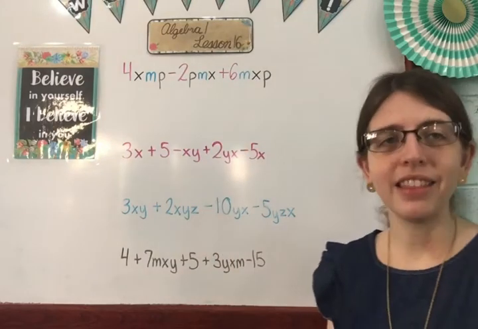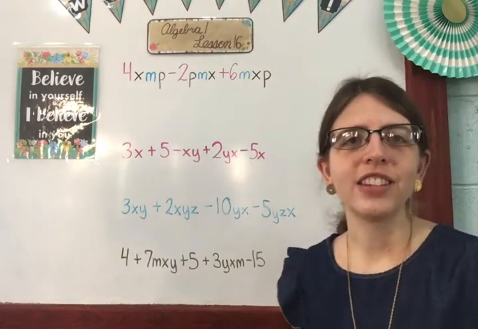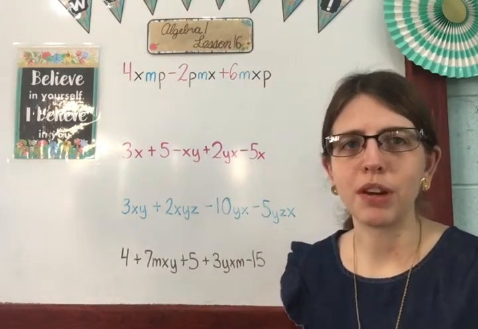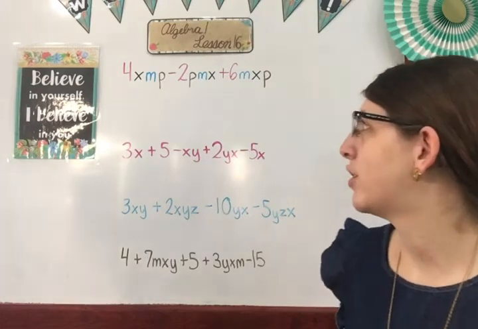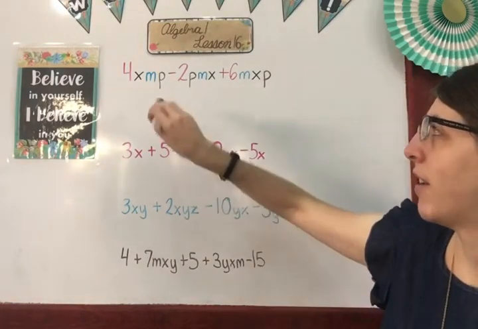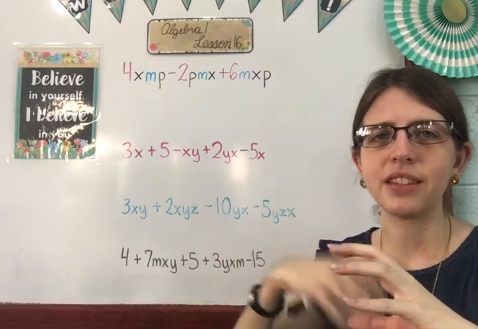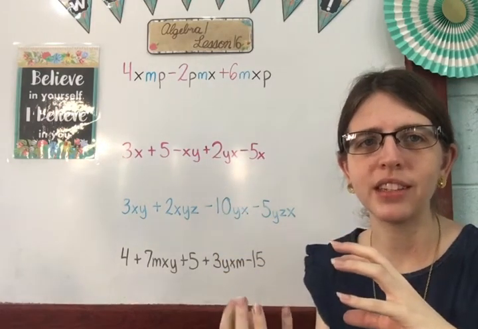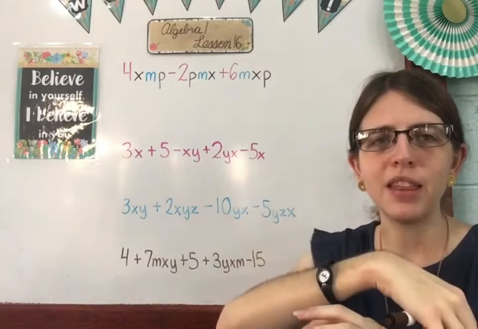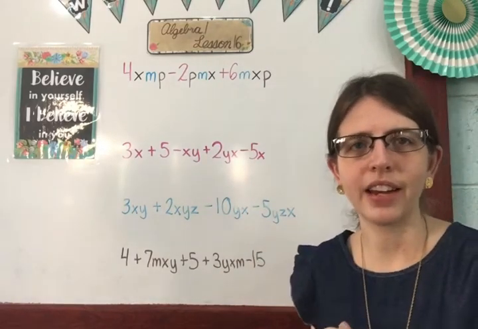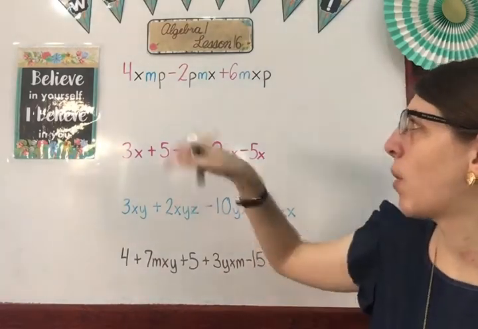So to combine these like terms, I just use the backwards of the distributive property. Remember, in the distributive property, when I multiply something that's in parentheses by something outside of the parentheses, I multiply each term in the parentheses by what's outside. So this kind of is going backwards.